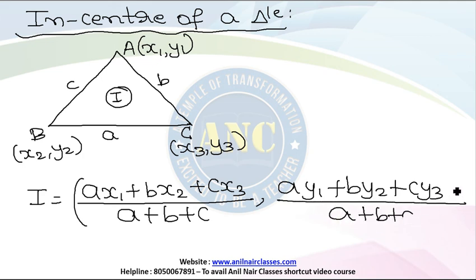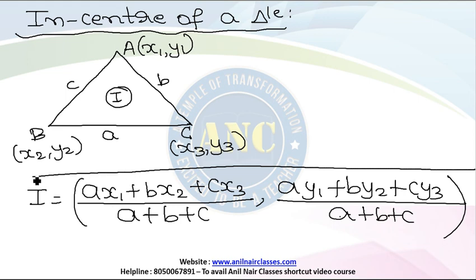Very easy to remember, sir. I can say that the centroid notation is x1 plus x2 plus x3 divided by 1 plus 1 plus 1. In place of 1, I am writing as ABC. ax1, bx2, cx3, a plus b plus c. Same. y1 plus y2 plus y3 divided by 1 plus 1 plus 1. In place of 1, 1, 1, I am writing ABC here also. Simple. Very easy to remember all these notation.